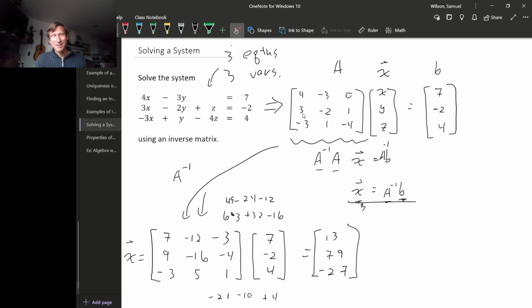We'll see later that most 3×3 matrices are invertible for certain meanings of the word most, but not every 3×3 matrix is invertible. So this trick of using an inverse matrix won't always work, but for this common situation, it did work. You might wonder, isn't it just as much work to find the inverse matrix as it is to solve the entire system to begin with? And of course, you're right. In fact, it is a little more work to find the inverse matrix than to solve the original system.